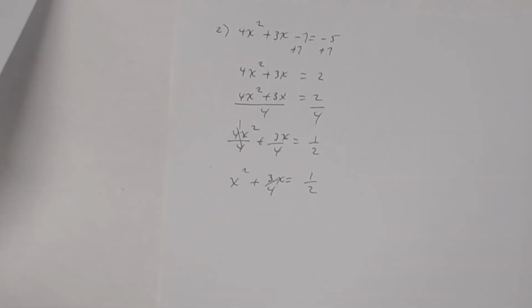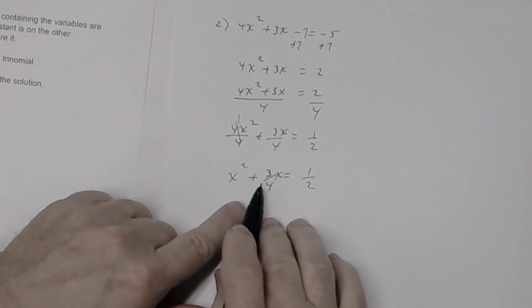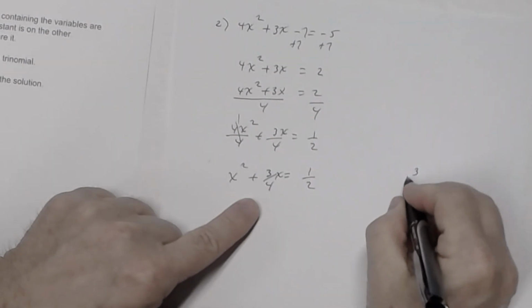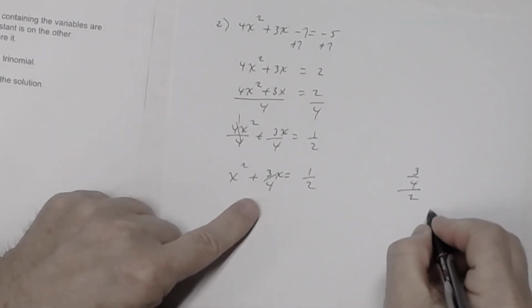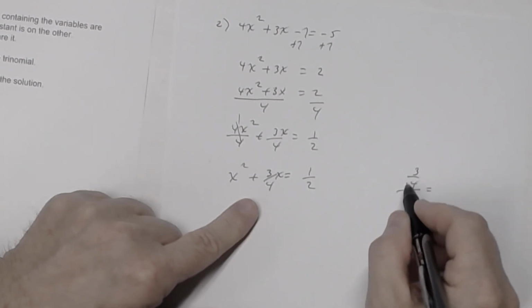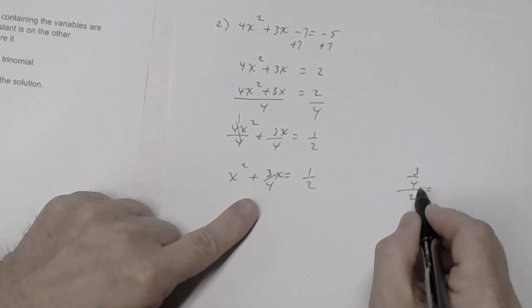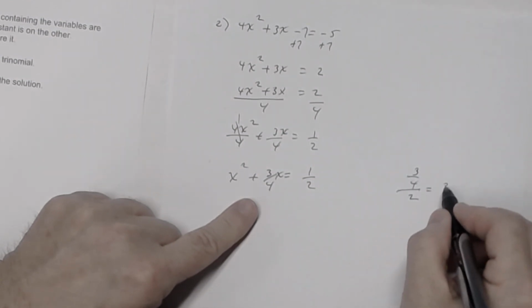Okay, so now the next step is to take half the coefficient of x. Well, the coefficient of x here is a positive 3/4. So I'm going to take half of that. Well, taking half means the same thing as multiplying by half. So we're going to take the fraction that's in the numerator, which is 3/4.